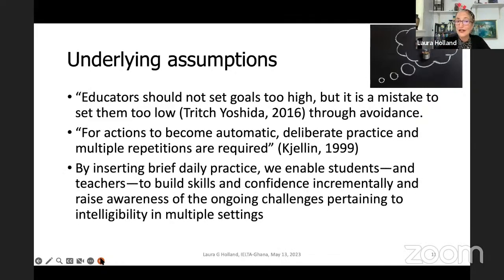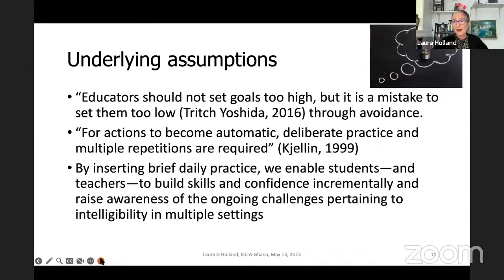By inserting brief daily practice, we enable students and teachers to build skills and confidence incrementally, step by step by step. And we raise awareness of the ongoing challenges pertaining to intelligibility in multiple settings, because that's actually the bottom line.